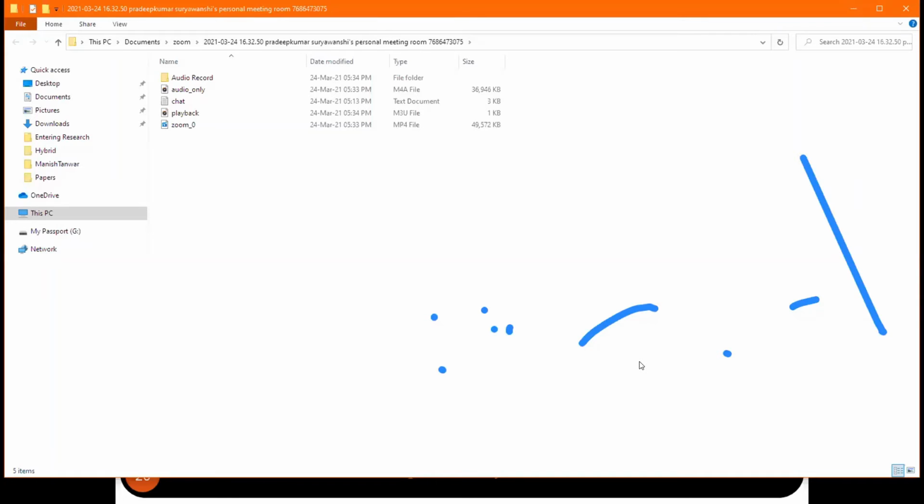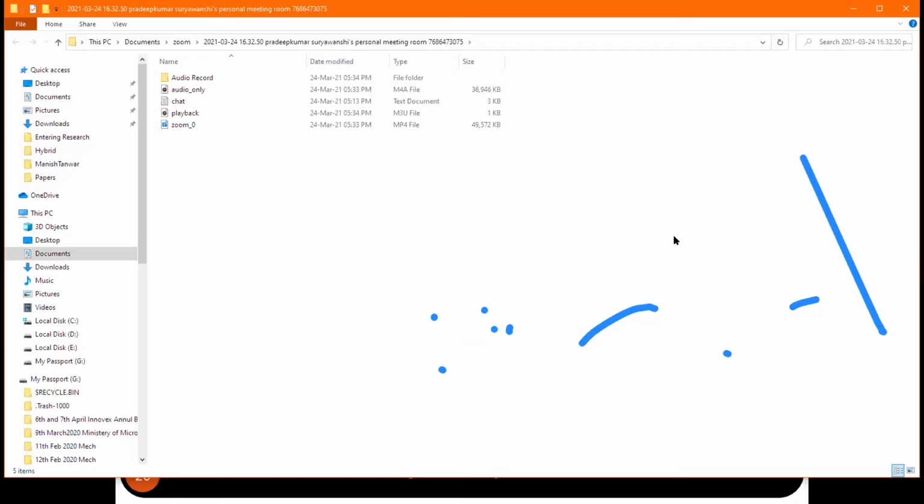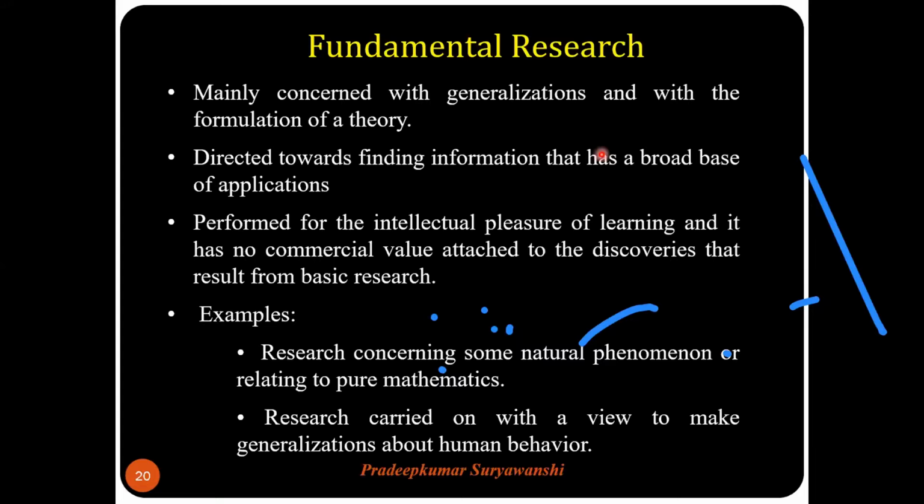Then if we look at thermodynamic laws, these are like fundamental research. Okay, or relating to pure mathematics, like in mathematics there is lots of abstraction. It's like on the mental plane, you are not in a position to actually see what a mathematician can see. Like in your sixth semester or somewhere, you might have heard about eigenvalues.